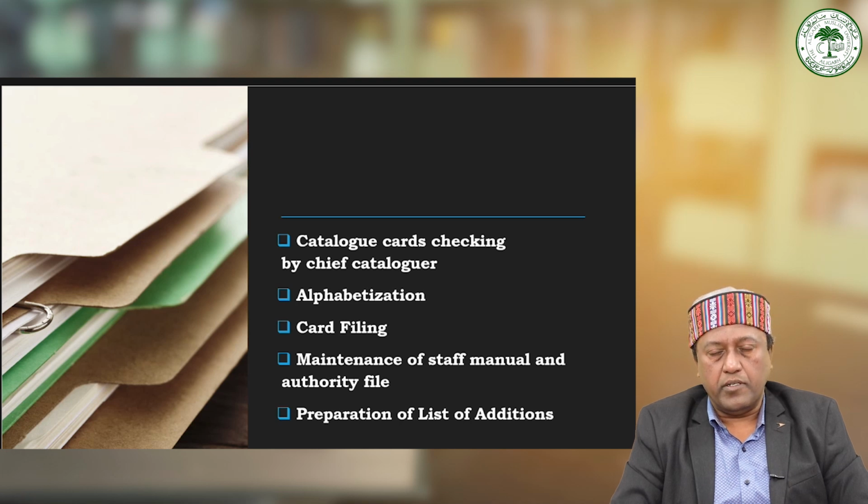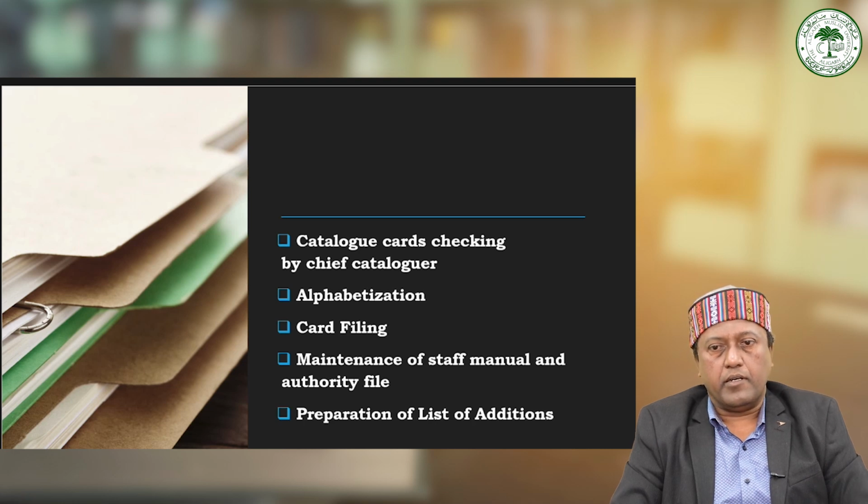Once this is done, the cards have to be filed. In the filing process, the shelf list cards are integrated into the shelf list, while other catalog cards are incorporated into the public catalog. All the added entries, all the reference entries, and all the main entries will go in the public catalog, whereas the shelf list cards will be filed in the shelf list.